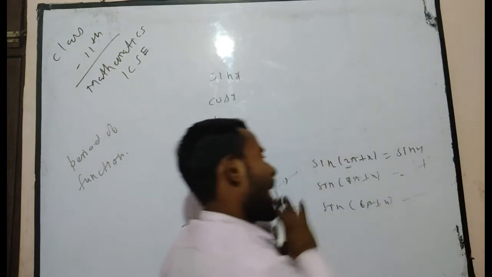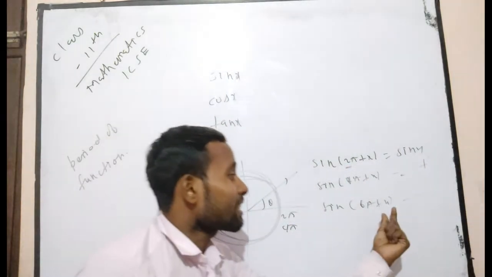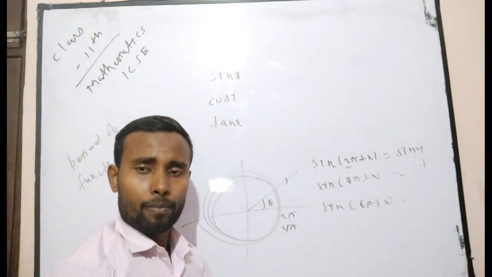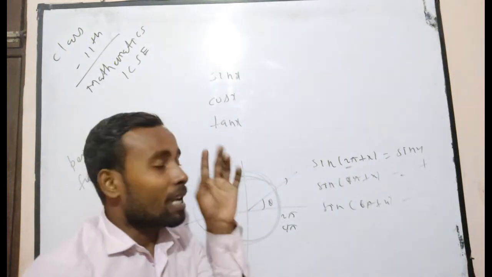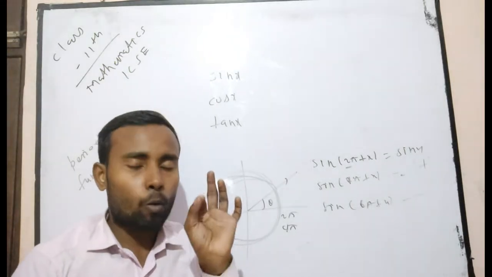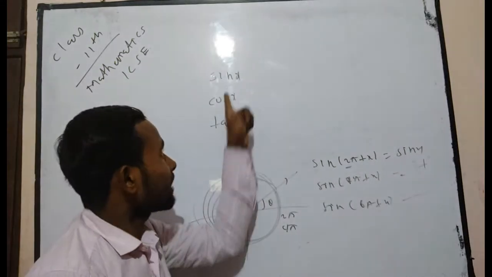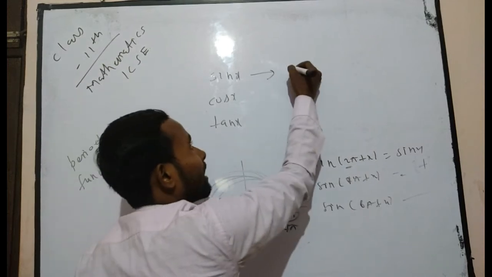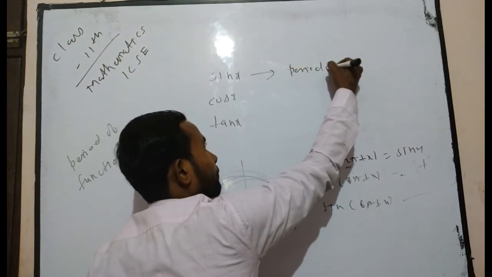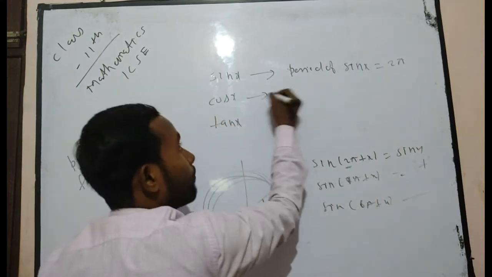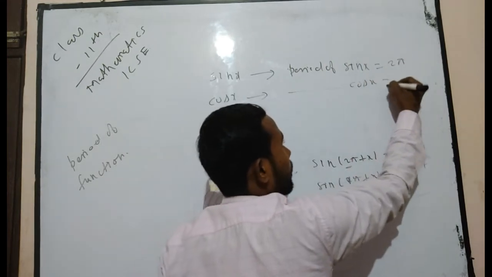That means there exist many values of p for which f(x + p) is equal to f(x). Then what is the minimum value of p for which sin x is repeated? I think you can consider 2 pi. That means period of sin x is equal to 2 pi. Similarly, period of cos x is equal to 2 pi.